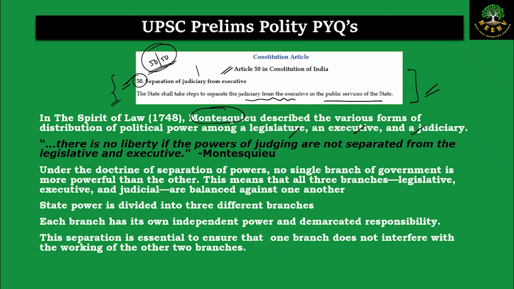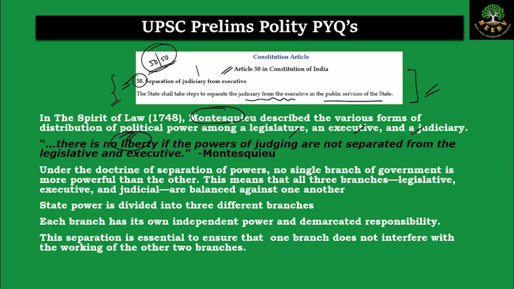Similarly, if you have the powers of execution and you also have the powers to judge, you won't be objective, you won't be independent. The independence of mind won't be there. So you will be partial. That is why we need to separate the powers. So Montesquieu related the separation of powers concept to liberty. In future you might get a question saying that the concept of liberty comes out of the separation of powers, or that separation of powers is related to the concept of liberty.